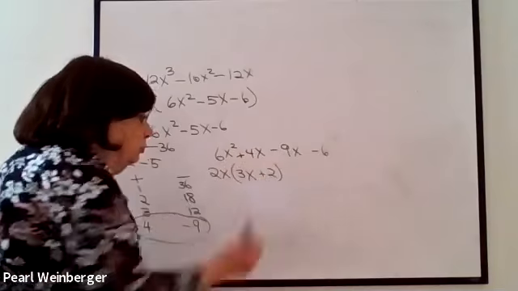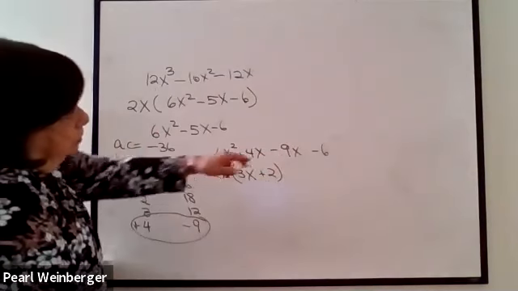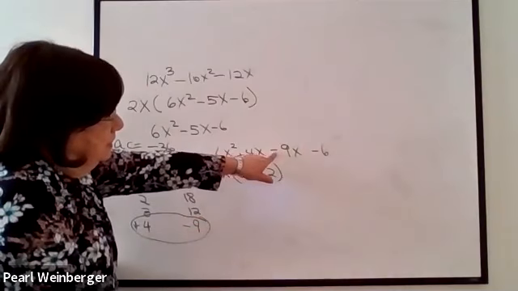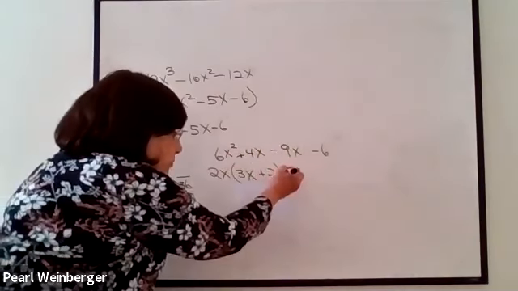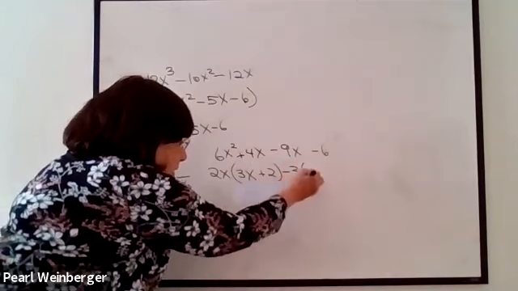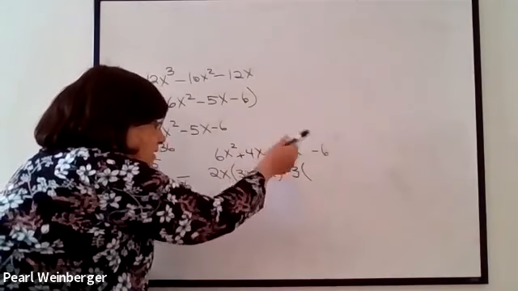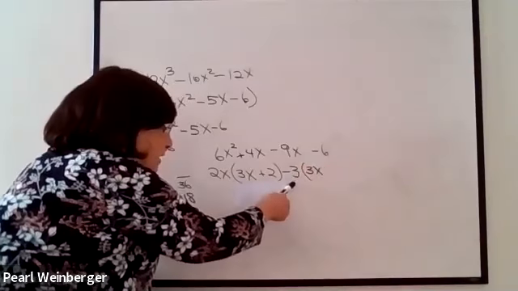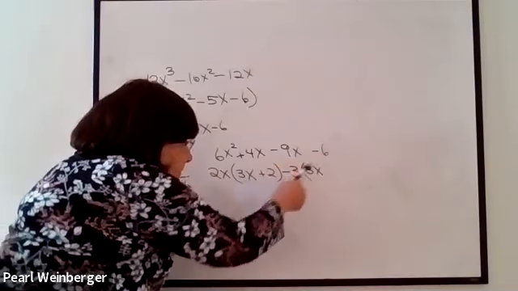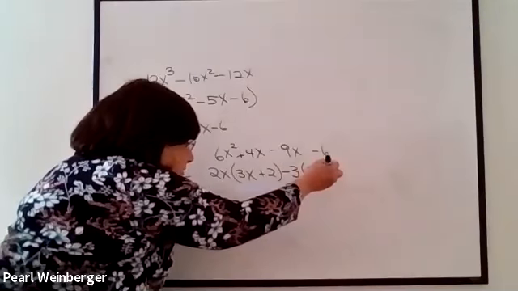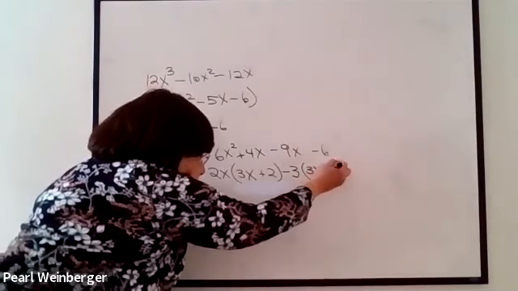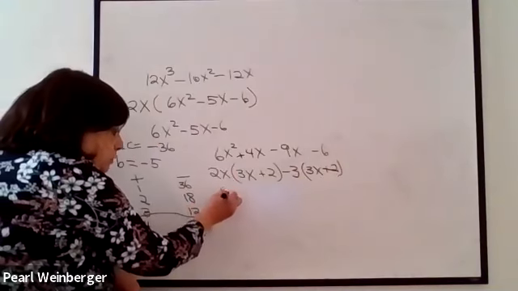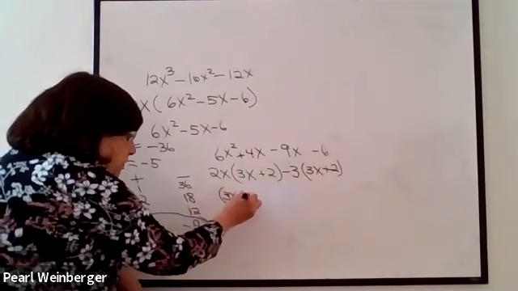In the next group, between the 9 and the 6, I can use 3, but since this is a -9, my common factor is going to be -3. And -3 into -9x is +3x, and -3 into -6 gives me +2. And my common binomial factor is the 3x plus 2, which I put in front.